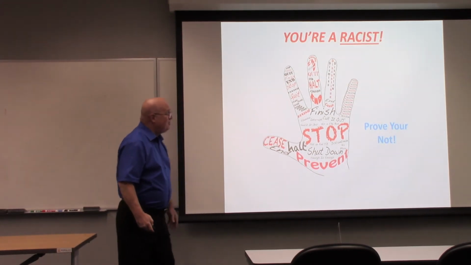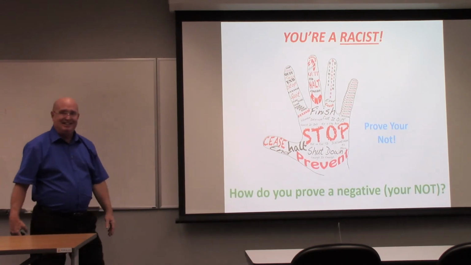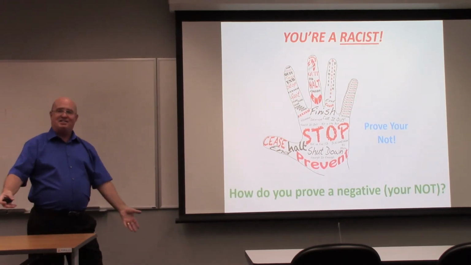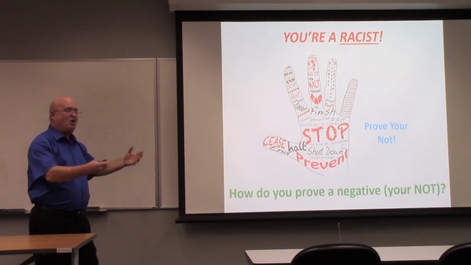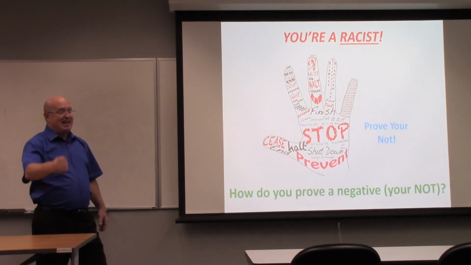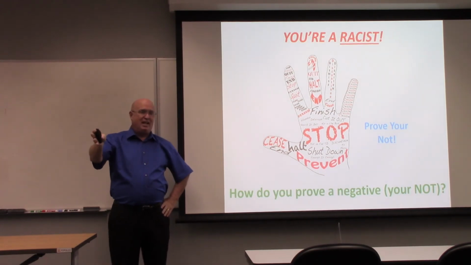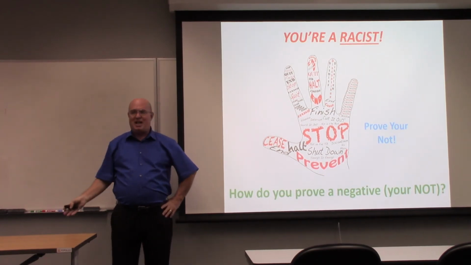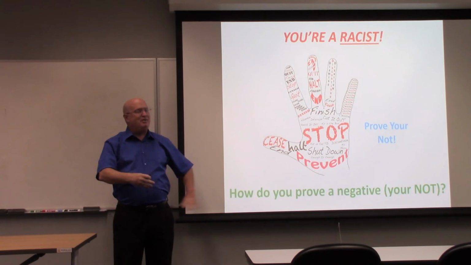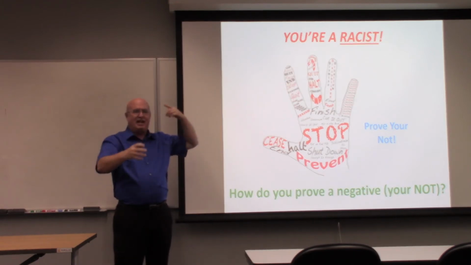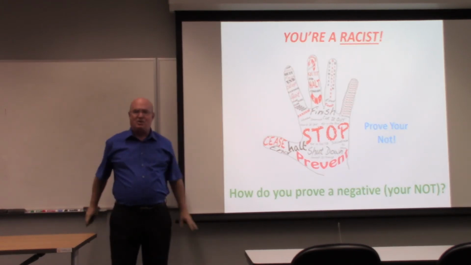You can't prove a negative anyway. You can't prove you're not something. All you can prove is you are something. Because I guarantee I could go through your lifetime and come up with some sound bites. You know, you have one of those little machines that hook up to your head and you see everything you said through your life.